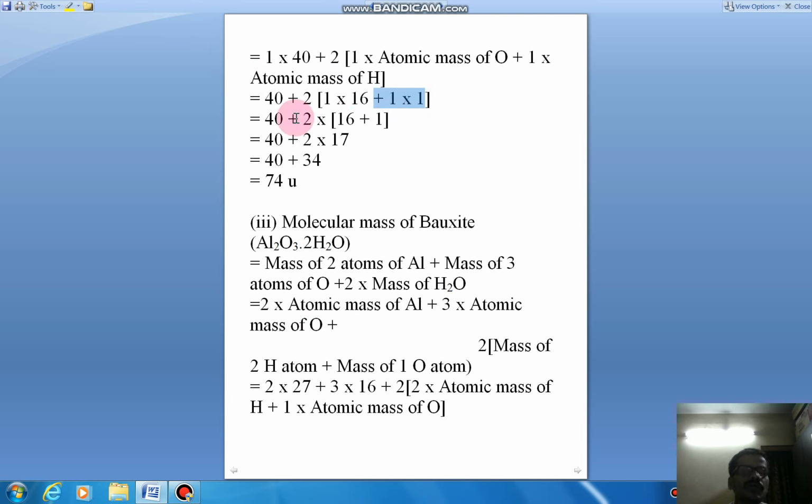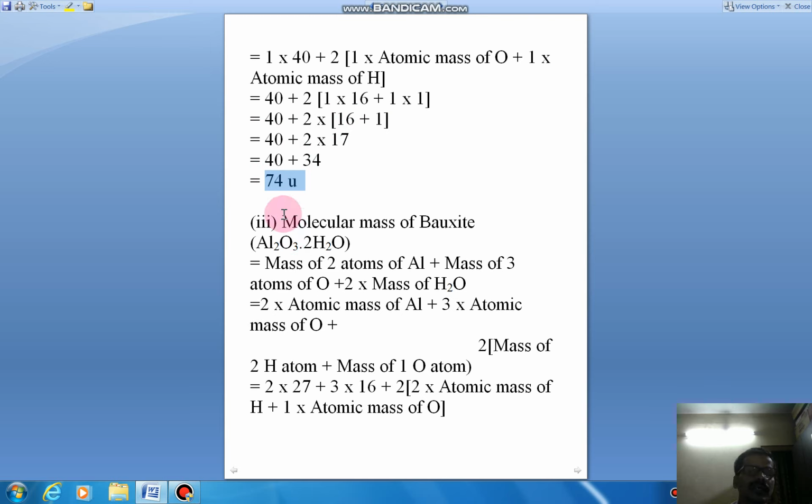So it becomes 40 plus 2 into 16 plus 1, which is 40 plus 2 into 17. So it becomes 40 plus 34, which is 74 U. In this way you find the molecular mass of a substance.